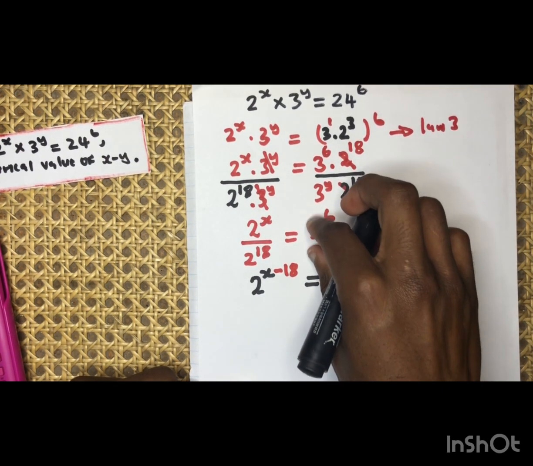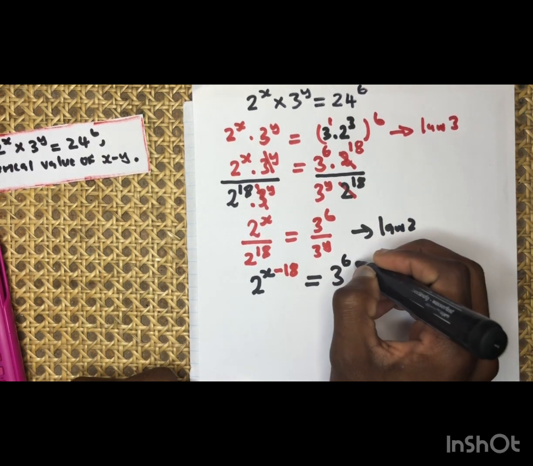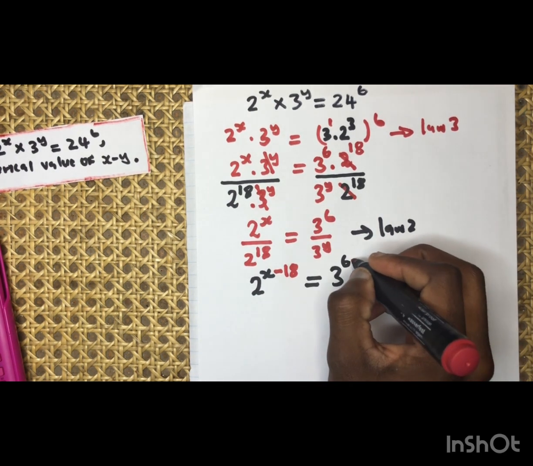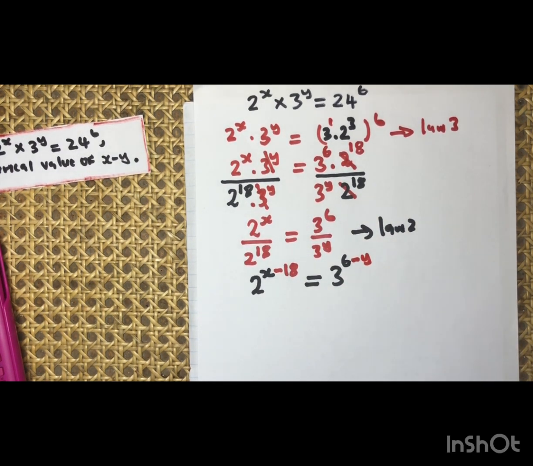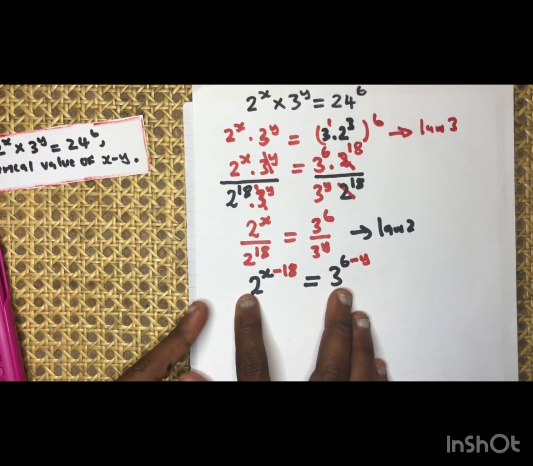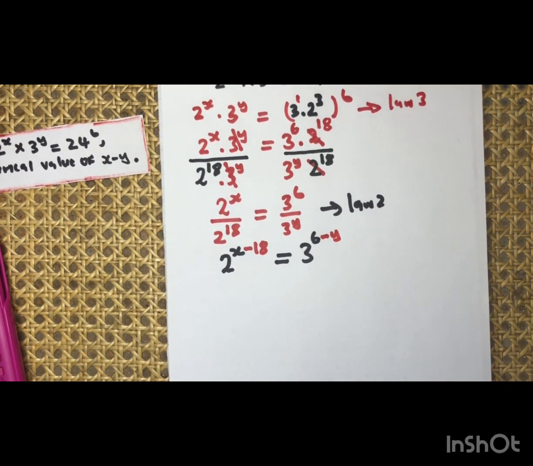Remember that here the bases are the same, so I'm going to take one base again and subtract the what? The exponent. If this y goes up, the sign is going to change to become minus y. Yes. So I cannot apply that theory that says that when the bases are the same, you drop the exponent. So I need to apply the basics of mathematics.